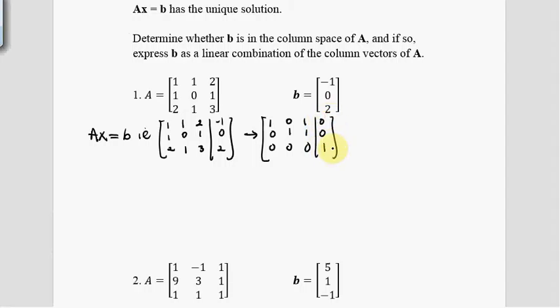This gives me, you recall from chapter 1, no solution, because that last row gives me 0 equal to 1. Right?